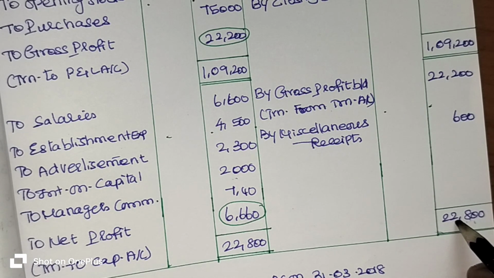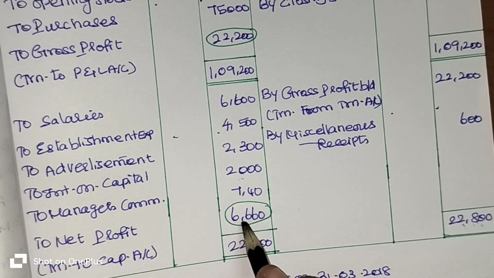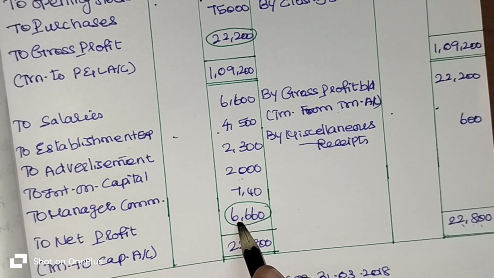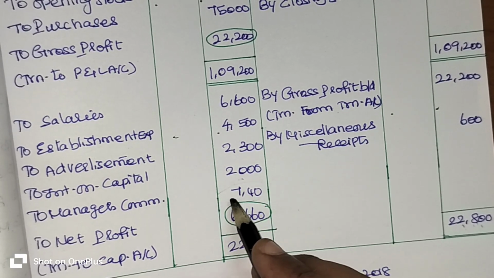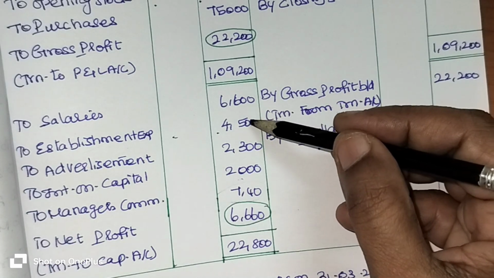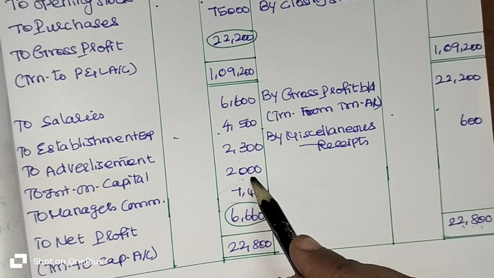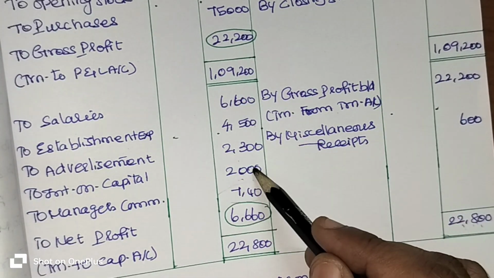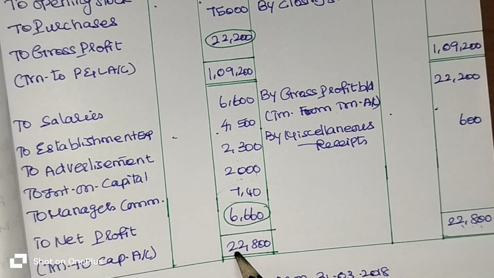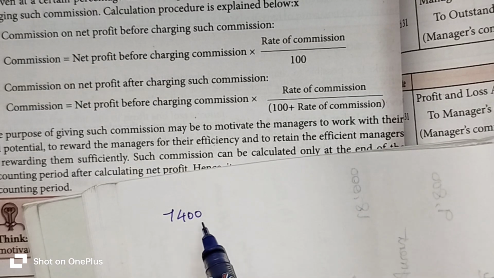As per the format, we have the net profit on debit side. Listen, apart from the manager's commission we have to add 6,600, 4,500, 2,300 and 2,000. We sum up these four amounts and subtract from 22,800. Finally we get 7,400 rupees.